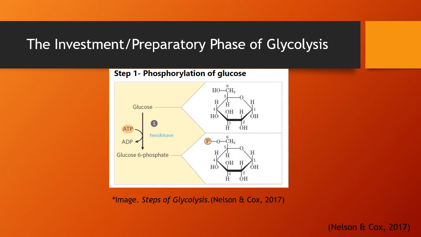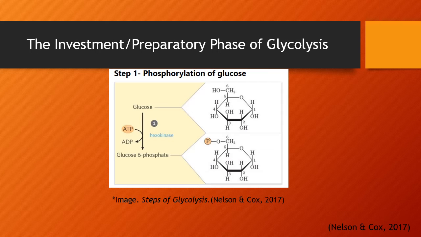In step 1, glucose, which is a 6-carbon sugar, is phosphorylated. The ATP molecule donates its phosphoryl group, and in this step, 1 molecule of ATP is consumed. The reaction in this step, where the glucose gets the phosphoryl group, is made possible by the kinase hexokinase.